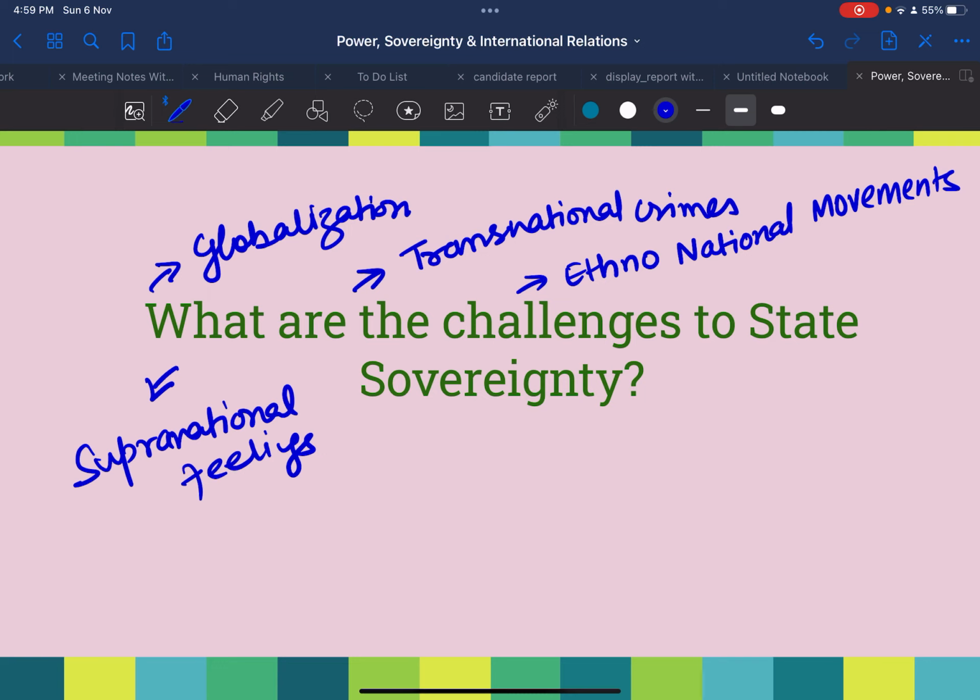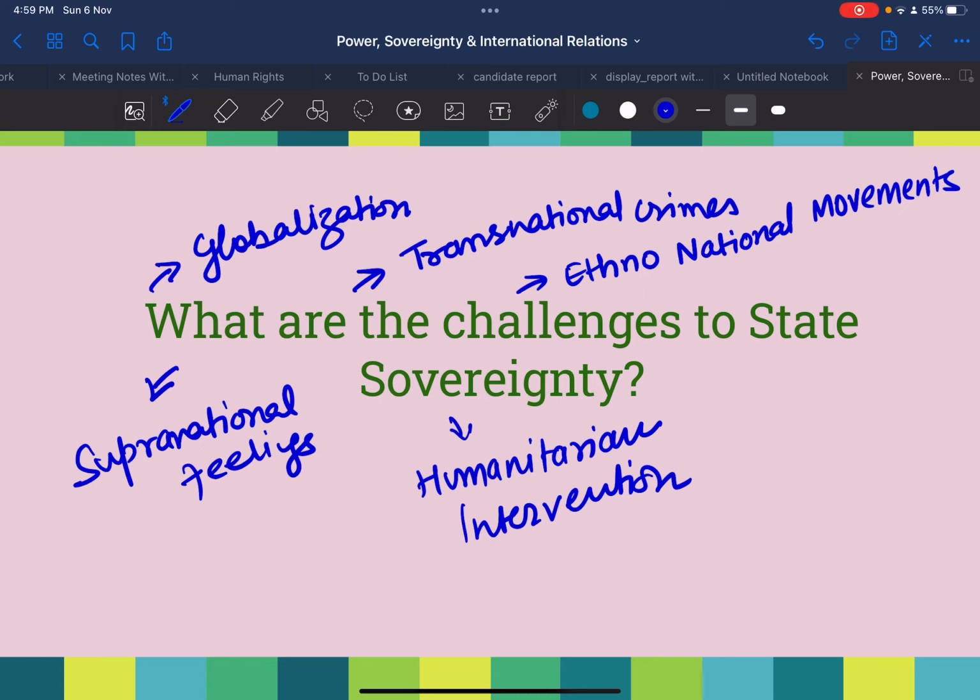Supranational feeling. And the fifth one here is humanitarian intervention. It is a means to prevent or stop a gross violation of human rights in a state.